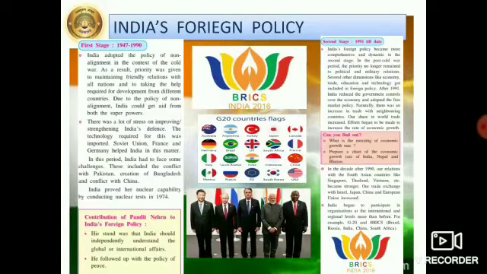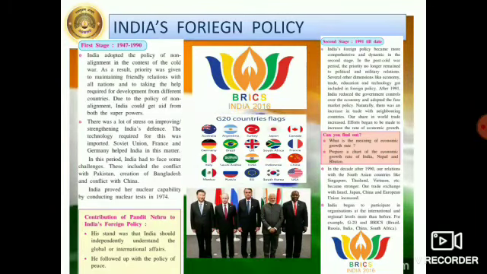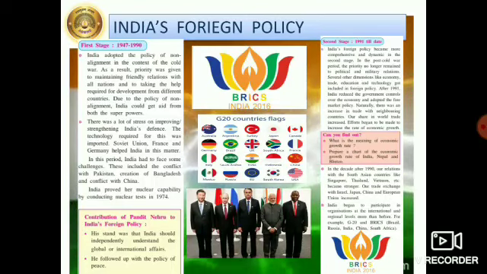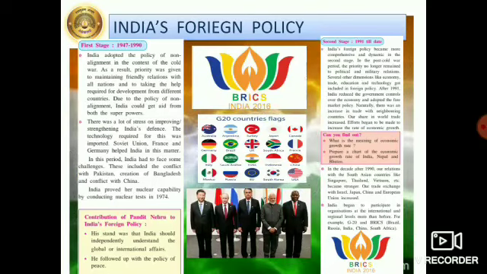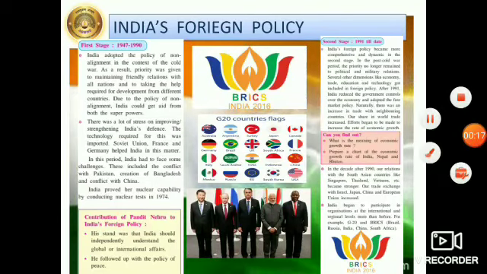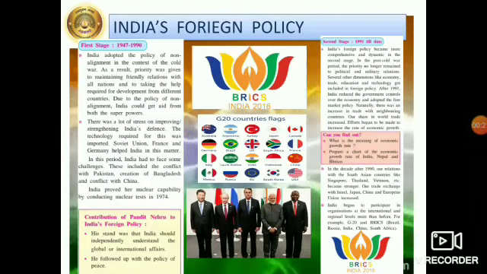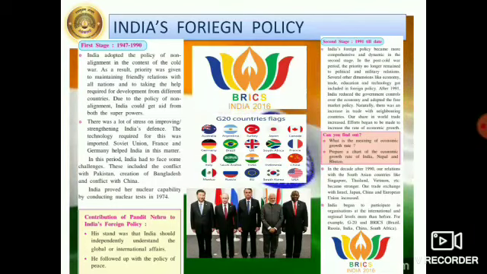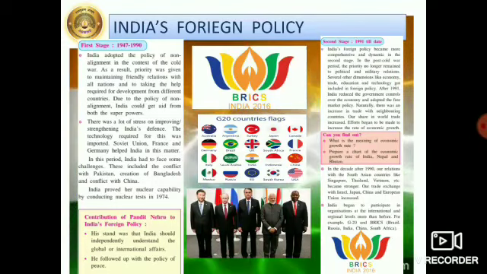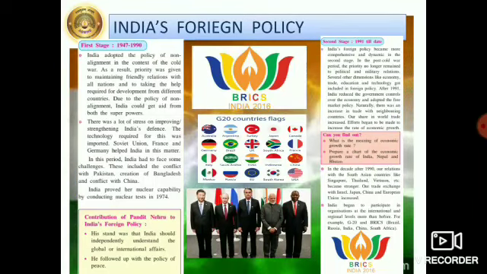So now let's study the first stage, that is 1947 to 1990. How was the first stage while framing the Indian foreign policy? India adopted the policy of non-alignment in the context of Cold War.